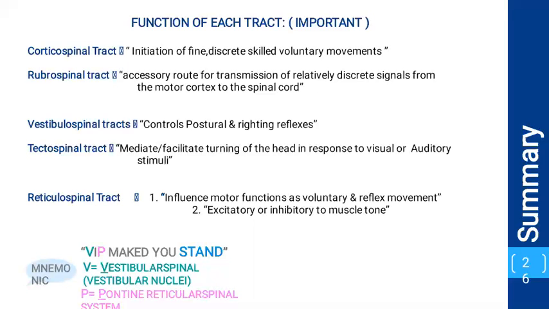A few important things you need to know before I conclude today's lecture: both pyramidal as well as extrapyramidal tracts cause effects on motor neurons of the opposite side of the spinal cord. That is the most important thing.